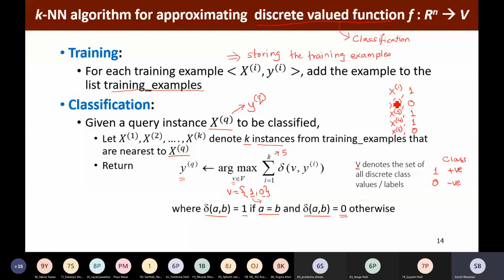So these are the k instances we found that are closest to our xq.